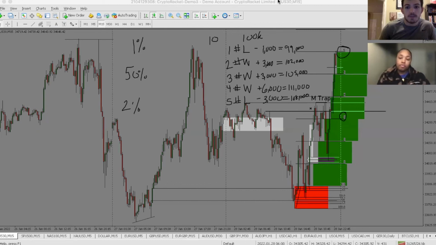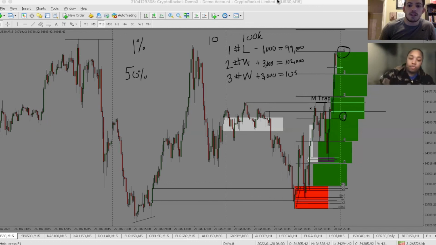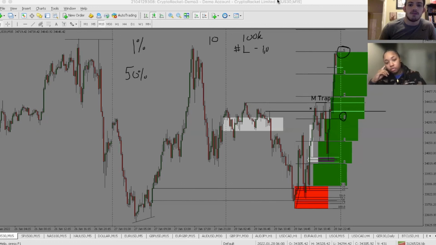But even just tweaking the system that much starts throwing it off. You do have to stay super balanced and really only change at milestones. So if you're trading a $10,000 account, I wouldn't up your lot until you get it all the way to 20 or something like that.